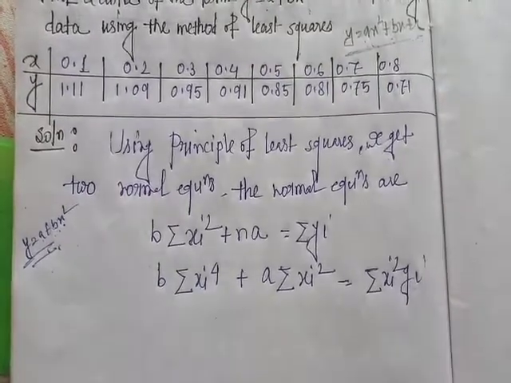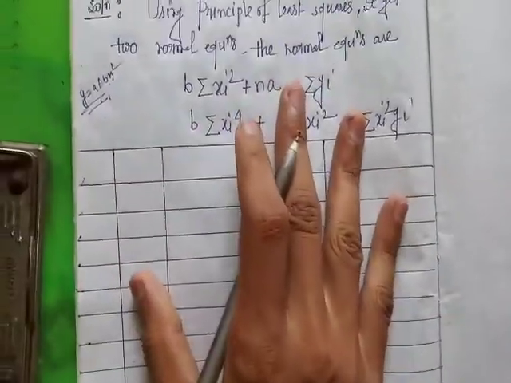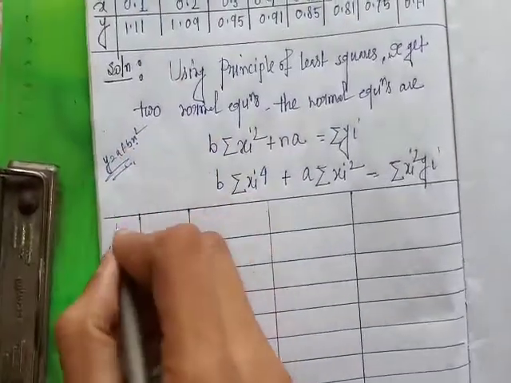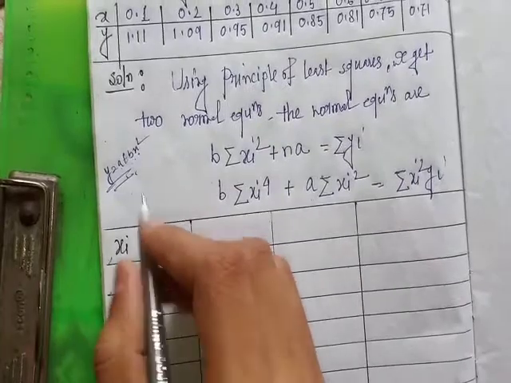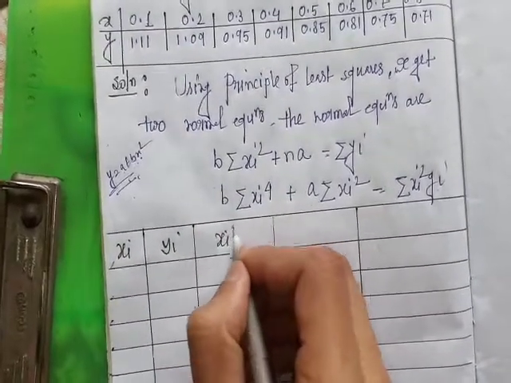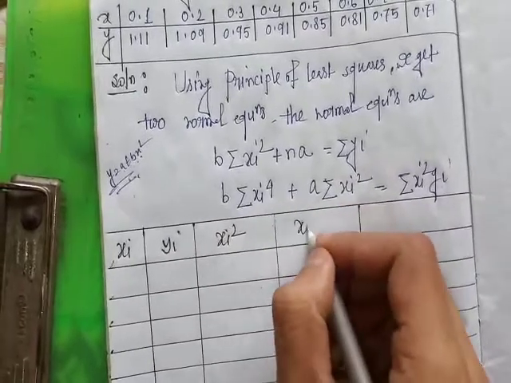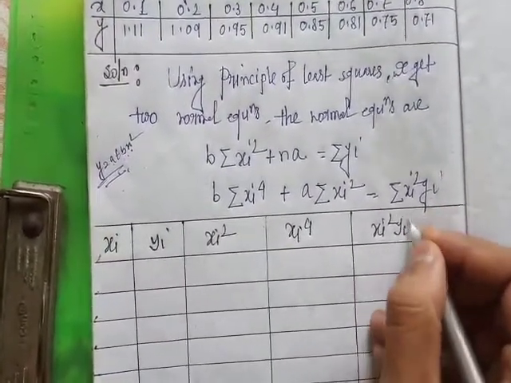Now we construct a table with columns xi, yi, xi square, xi to the power 4, and xi square yi.